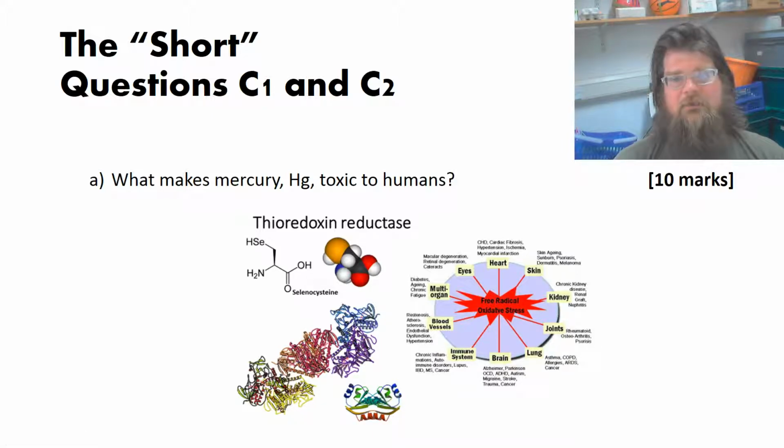To fully get credit for this answer, it's not just that mercury replaces that selenium, but that when it does that replacement, it changes the function of these molecules. So it basically stops them working. These molecules are particularly important for a whole range of things, given in this diagram here. So it stops these things happening, and that's what makes it toxic.